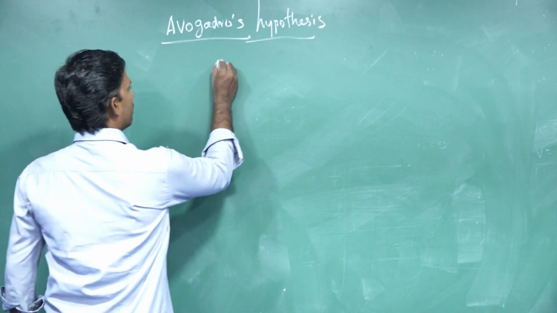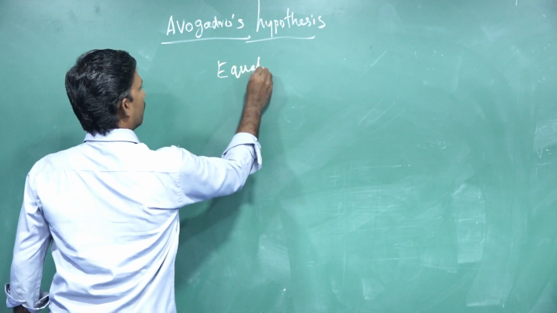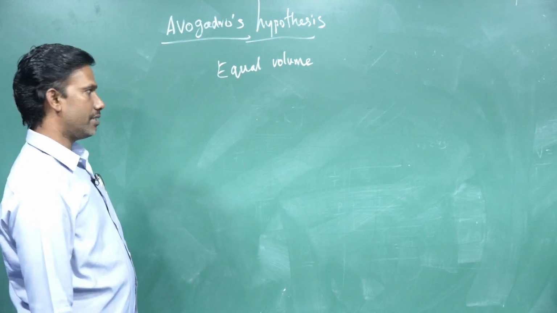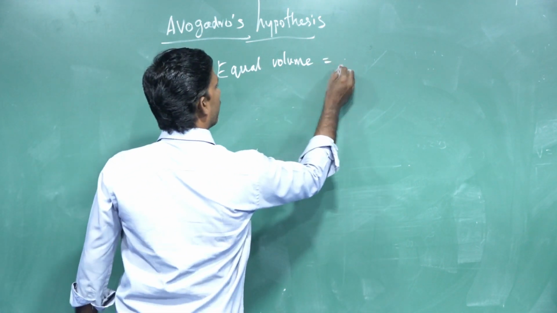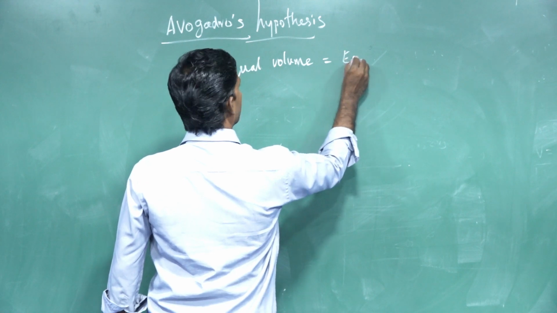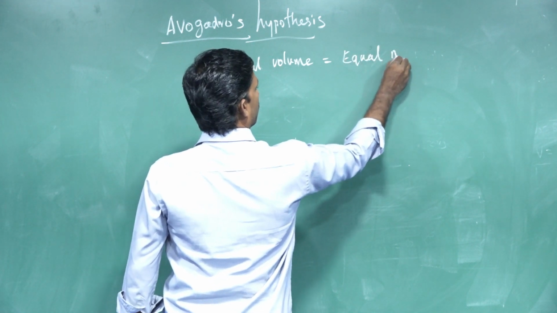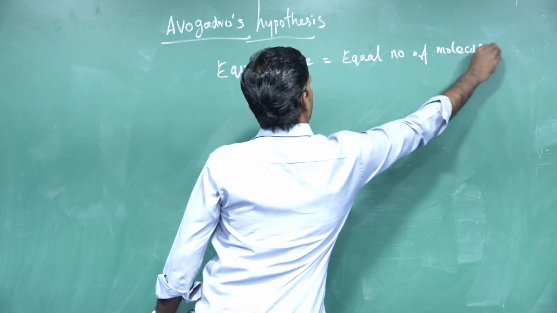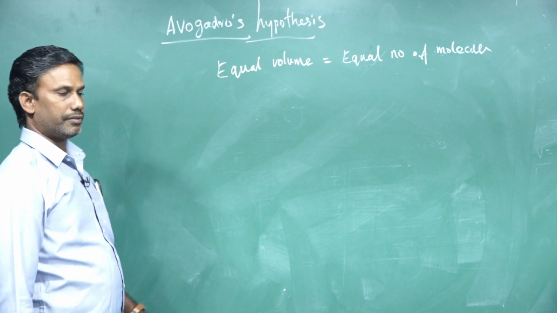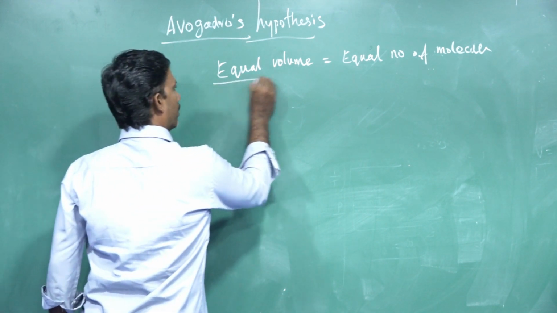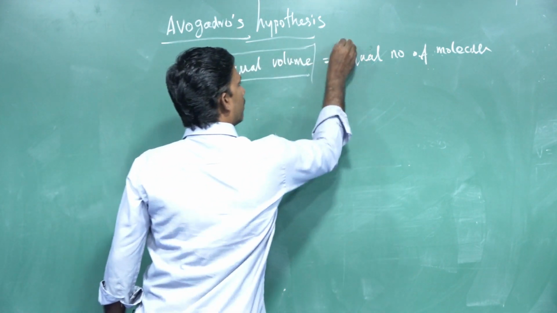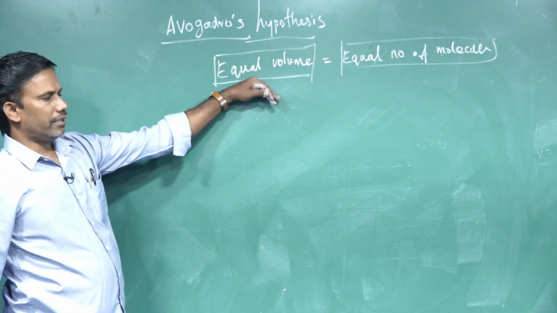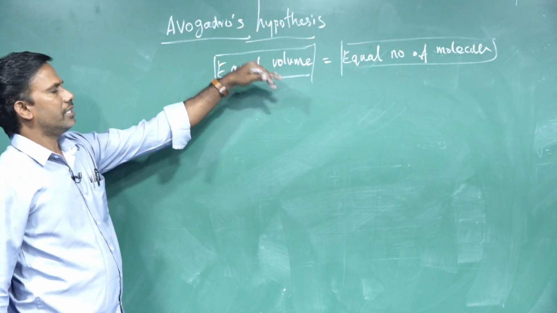Equal volume of all gases will have an equal number of molecules. What does it mean, sir? It was proved wrong later, but there are some derivations here, that's why I am explaining this.